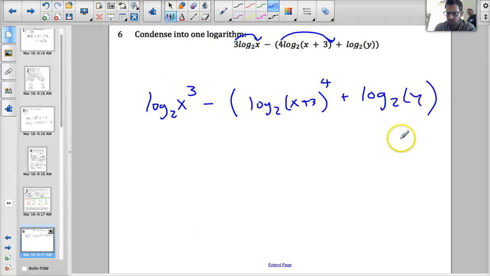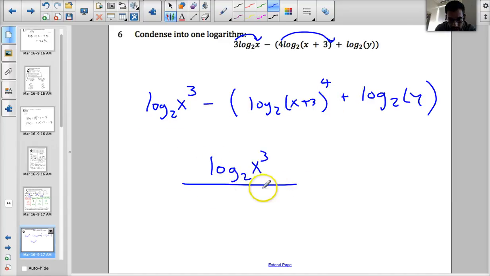Then I know that subtraction can become division and addition can be multiplication, so I can rewrite this as log base 2 of x to the 3rd divided by log base 2 of x plus 3 to the 4th plus log base 2 of y.